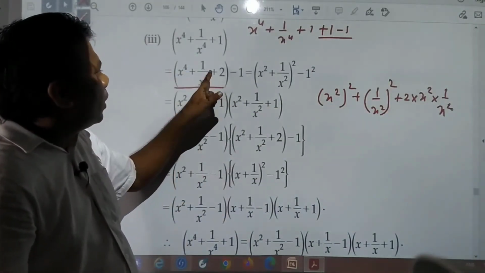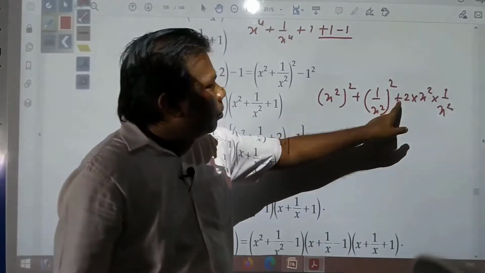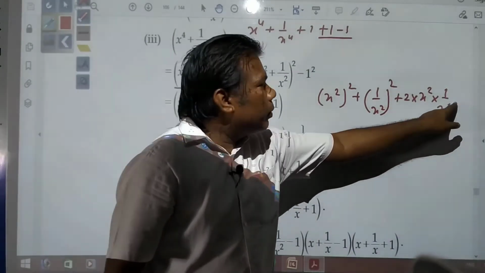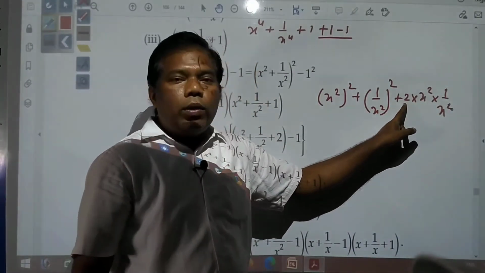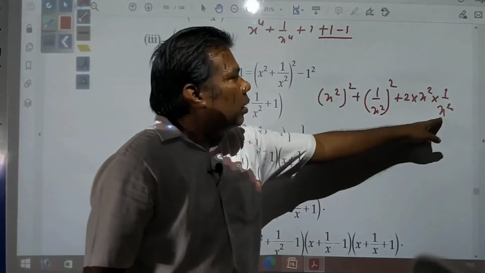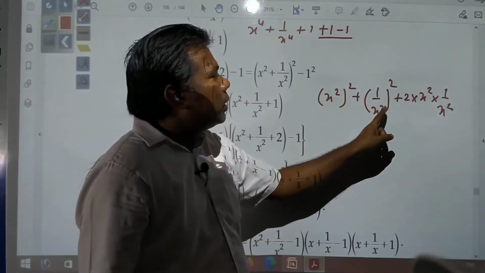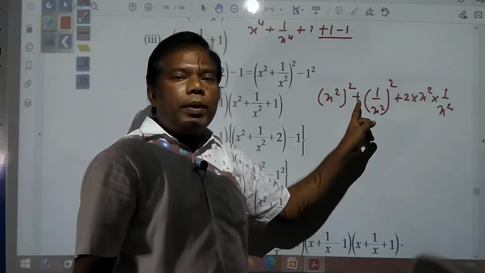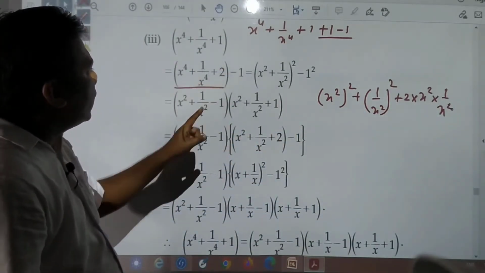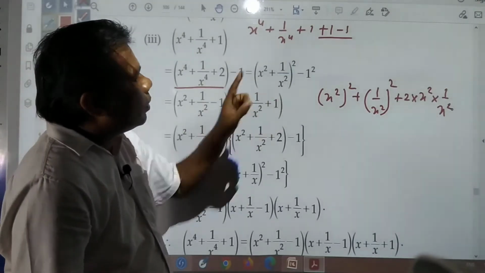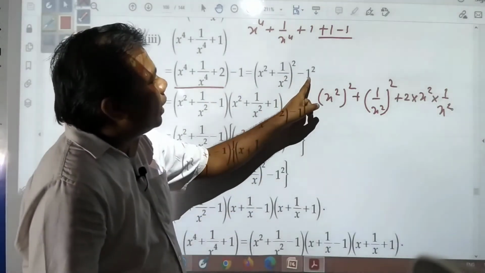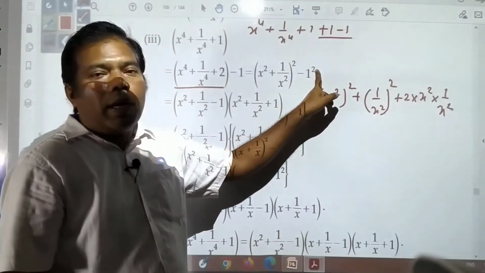This we have written, plus 2 into x square into 1 by x square, because if you are cancelling you will get 2 only. Now you see this has come in the formula a square plus b square plus 2ab. It means a plus b whole square. So this can be written as a plus b whole square. Minus 1 you have, that can be written as minus 1 square.